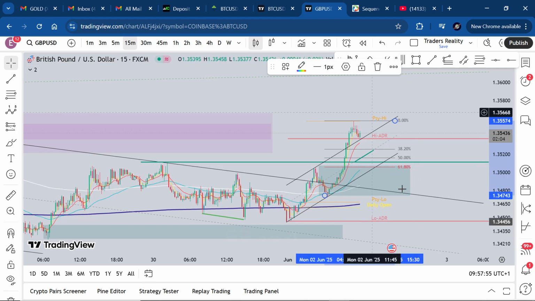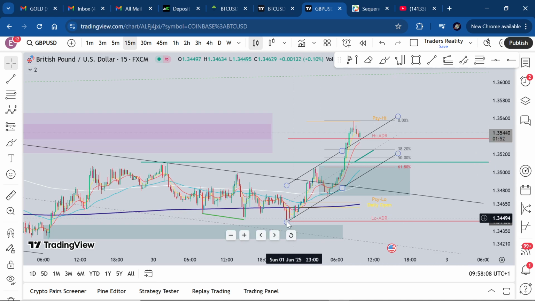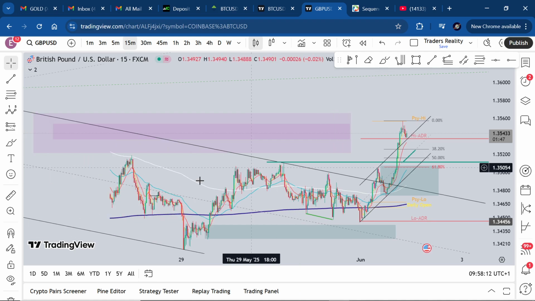If we see that 618 hit, this is not a 1, 2, 3, then a 4 and a 5, because the 0.618 is an invalidation for a fourth wave. So that alone, considering that I'm pretty sure, I believe this is bullish.